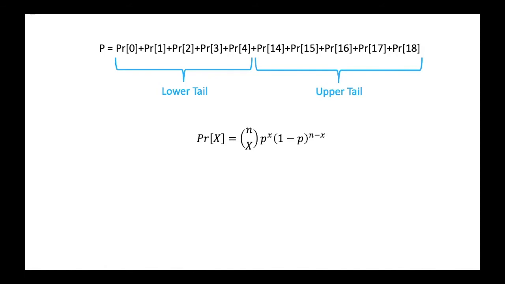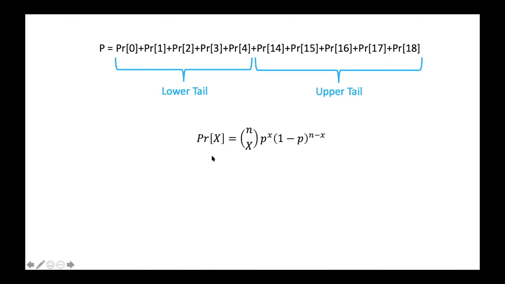Okay? And for each of these probabilities, then, we can calculate the probability of getting, say, 14 out of 18 observations in our sample as being right-handed.